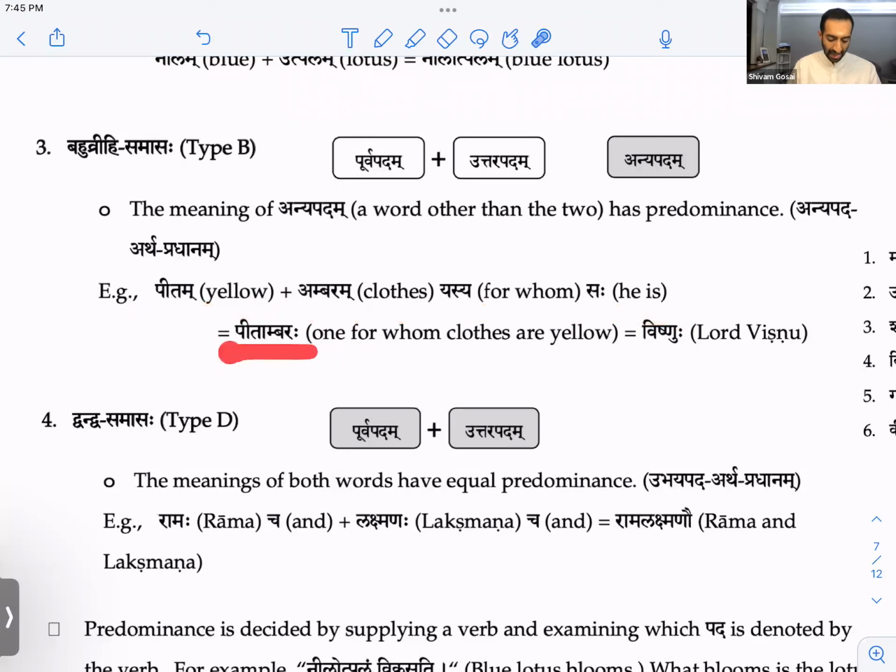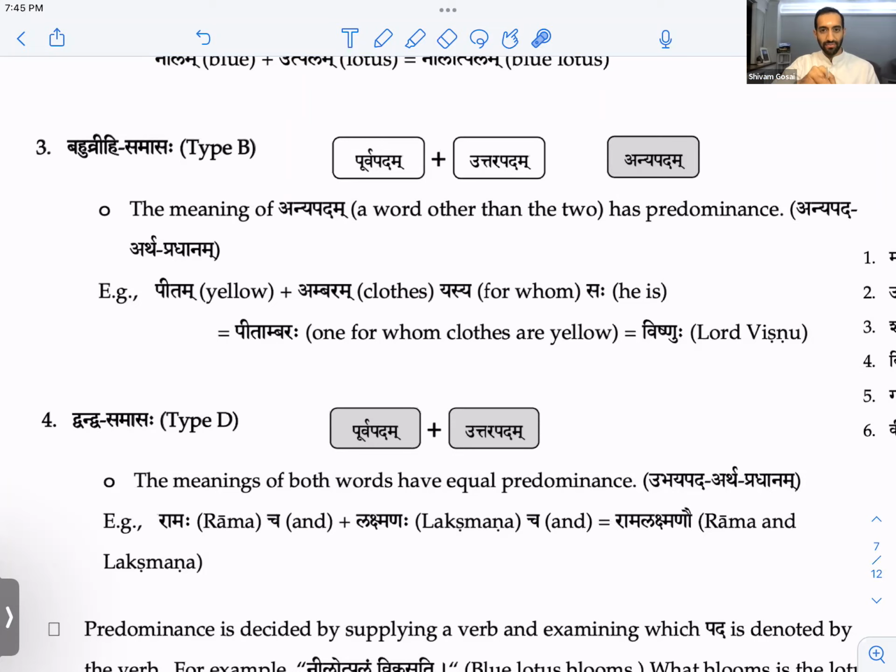Now, if I say the word pitambara, is this referring to pita, yellow? Am I talking about the clothes, ambara? No, I'm talking about Vishnu, a whole different person whose clothes are yellow.